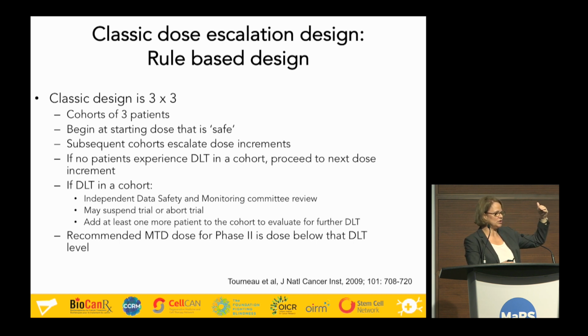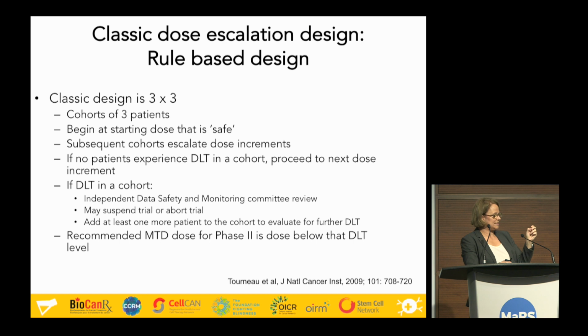And if there's no dose-limiting toxicity in a given cohort, then you proceed to the next dose increment. But if a dose-limiting toxicity happens, you also have an independent data safety and monitoring committee that is reviewing the data after conclusion of each dose cohort, as well as if a serious unexpected adverse event happens to these patients and you think that is attributed to the drug, then that would also cause the DSMC to review.